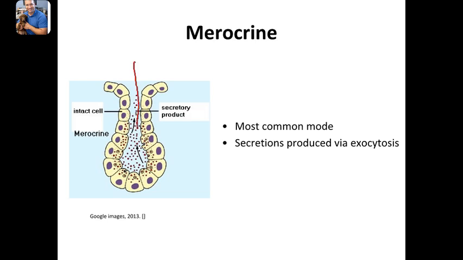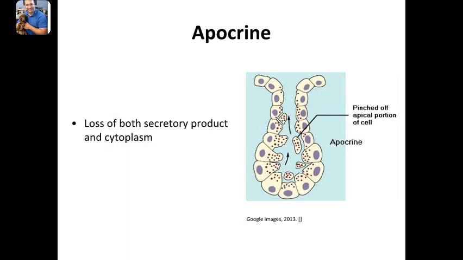Cells remain intact. In the case of an apocrine gland, again, we've got the particles that are going to gradually head to the apical surface of the cell, which is inside this gland, and those particles break off and get spat out, do their thing.